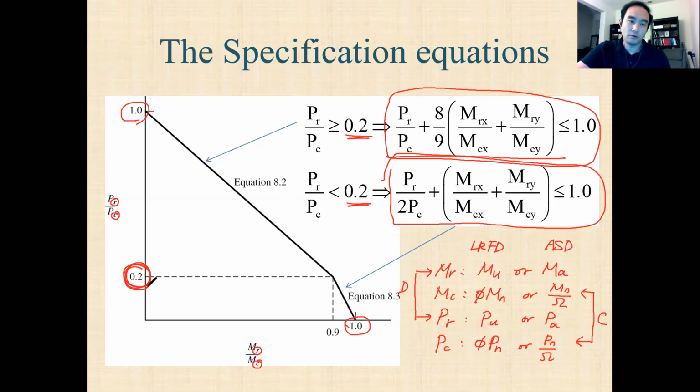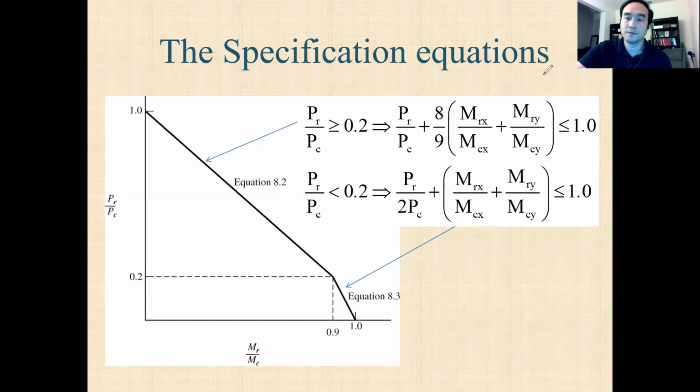When your value is less than 0.2, then you have to follow this equation, right? So put all the numbers in this equation, satisfy this value less than 1.0, then your beam column is okay. Otherwise, you have to redesign or increase the section properties or increase the strength. Okay, so that's the main thing.